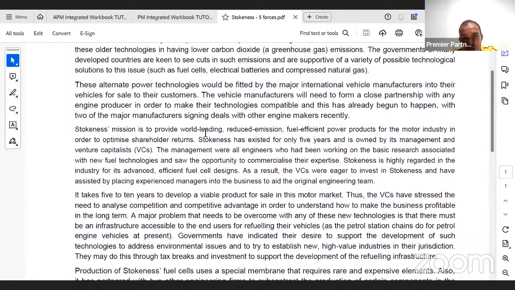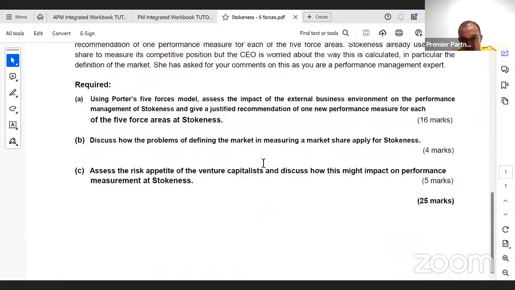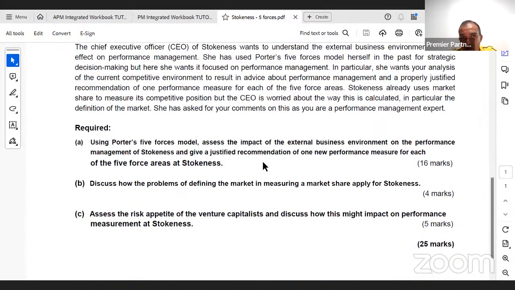Stokeness's mission is to provide world-leading reduced emission, fuel-efficient power products for the motor industry in order to optimize shareholder return. And they develop hydrogen fuel cells for use in powering large motor vehicles. Now answer me this question. Have they started to sell?